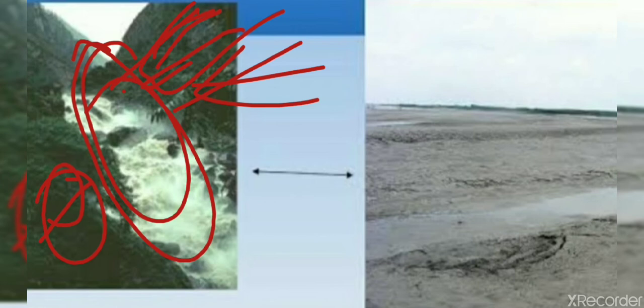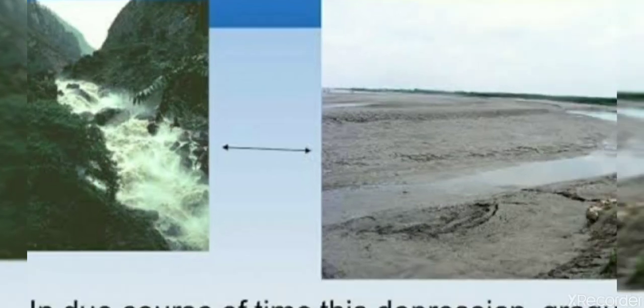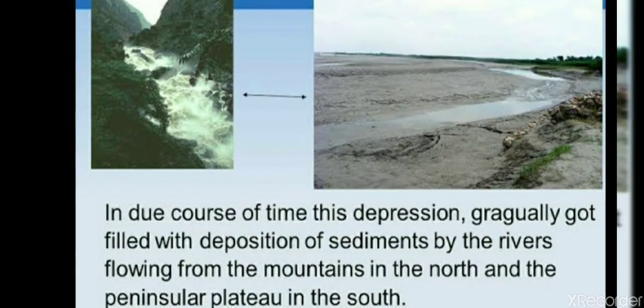As I mentioned, the land between the Himalaya and the peninsular plateau was a large basin, and this large basin got filled with sediments from both sides, as Himalayan rivers and peninsular rivers started falling here.